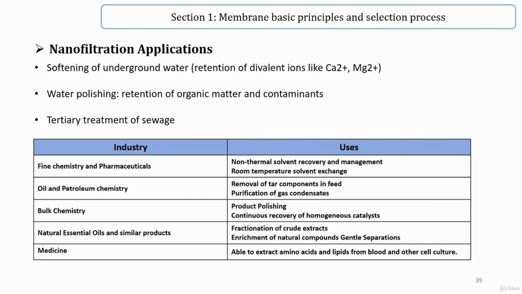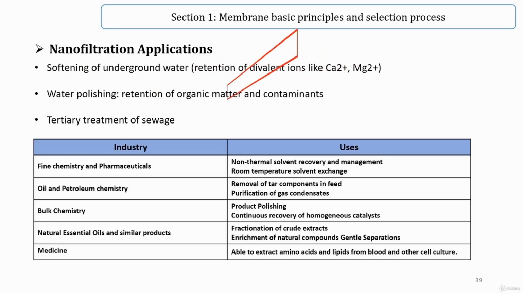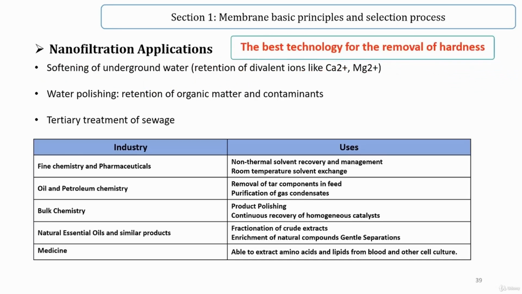Nanofiltration applications. Nanofiltration is an innovative process having many applications for drinking water purification and wastewater treatment. It is the best technology for the removal of hardness from groundwater, because nanofiltration is the most common filtration for softening of water by removing divalent ions such as calcium and magnesium, and disinfection byproducts such as trihalomethanes.